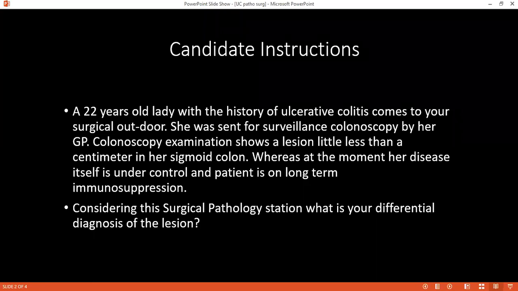Can you please tell me the role of proto-oncogenes and tumor suppressor genes? Sorry, ma'am, can you repeat your question? The role of proto-oncogenes and tumor suppressor genes. Ma'am, proto-oncogenes, basically these are the normal genes which regulate the cell growth and cell proliferation.